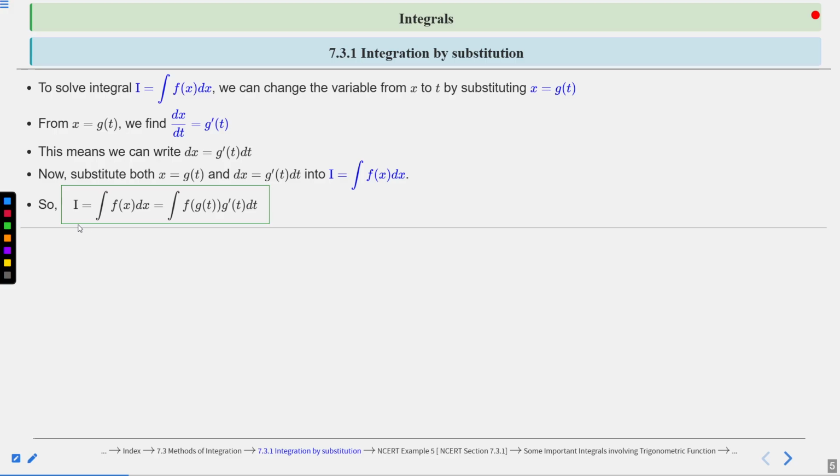Right. So in this way, we can easily apply the integration by substitution method. So this is basically the process that I have discussed, which we need to follow to apply the integration by substitution.